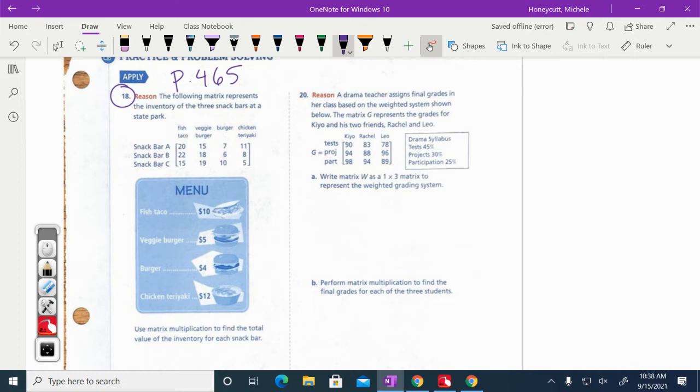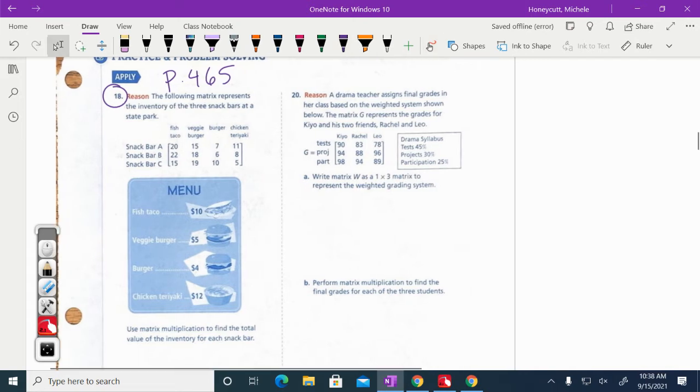Problem 18 has two different matrices. The first matrix gives me information about what? Snack bar A. So I've got snack bar A, snack bar B, snack bar C. I have menu items: fish tacos, veggie burgers, and chicken teriyaki.